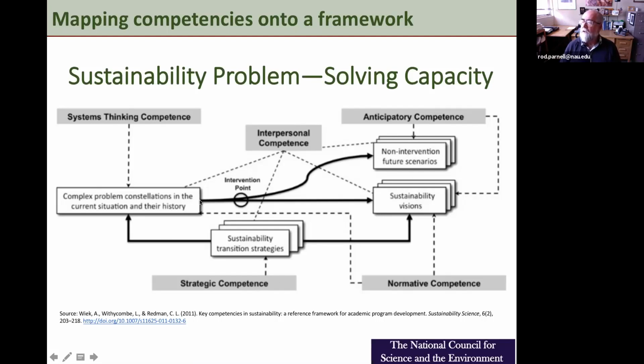And then applied to these different scenarios would be your normative competence, that is the ethics and the individual personal norms that you would be developing through this application.